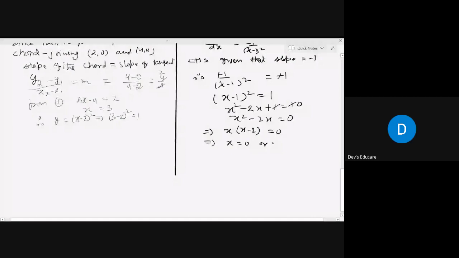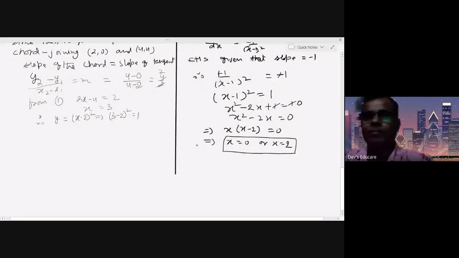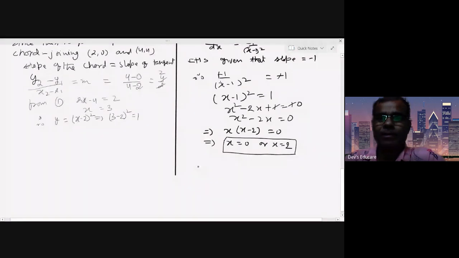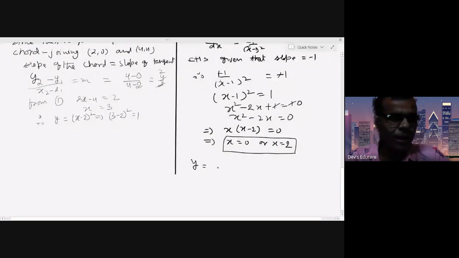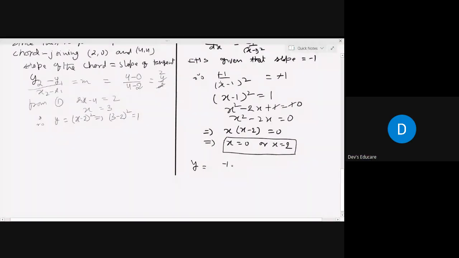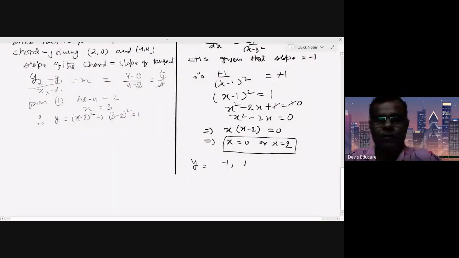So accordingly, we will find the value of y. y equals 1 upon x minus 1. So 1 upon 0 minus 1 is minus 1, and 1 upon 2 minus 1 is 1.